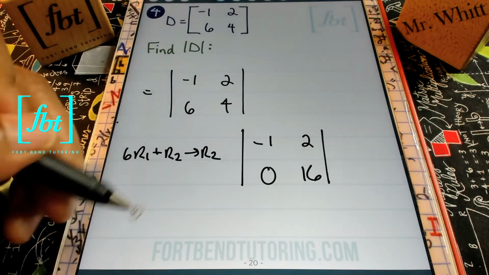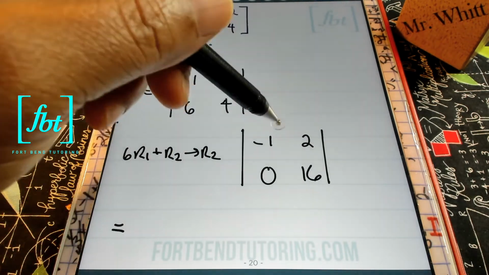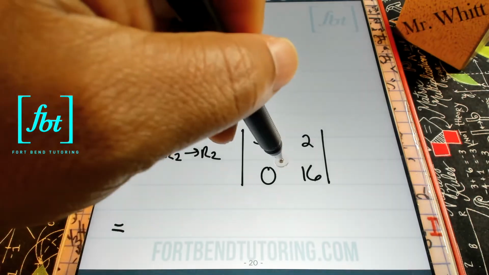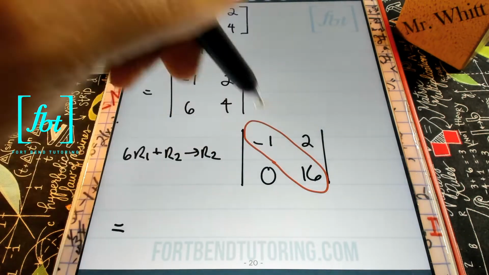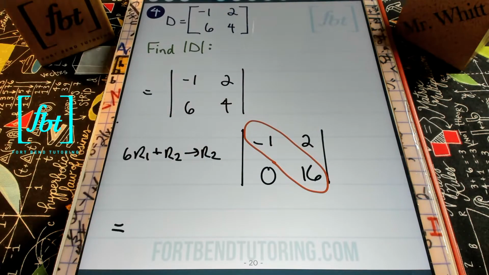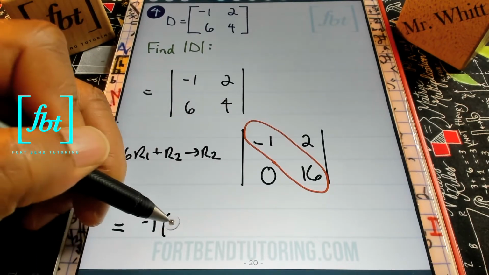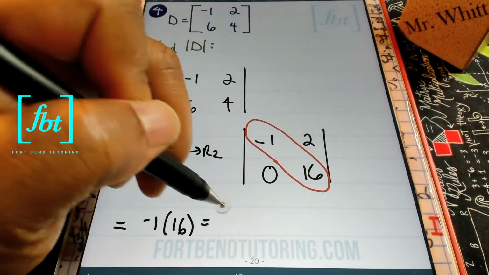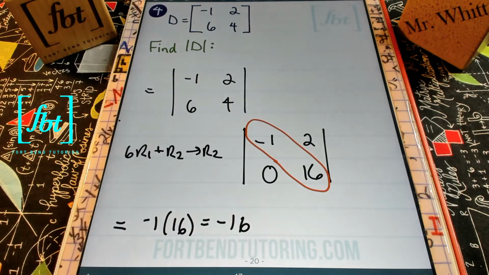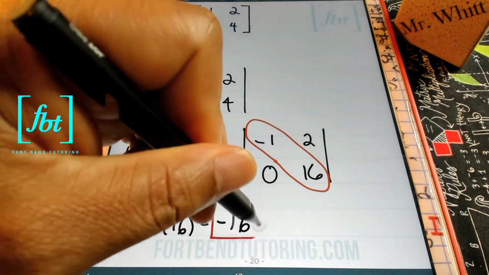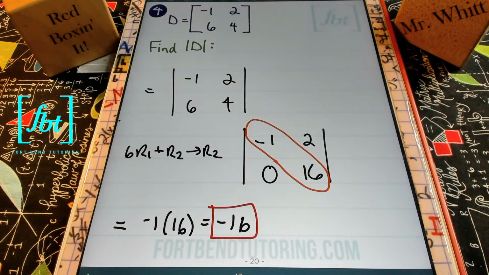Then all we have to do is multiply the elements of the main diagonal. My main diagonal contains the elements negative 1 and 16. So that means we'll have negative 1 times 16 to give me a result of negative 16. Red, box it. Just like that, guys. And that completes example number 4.